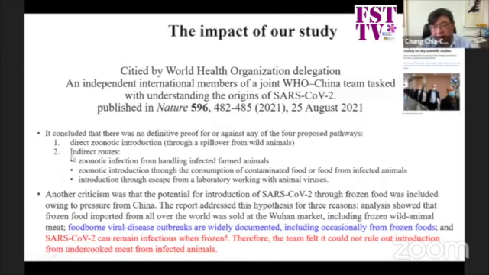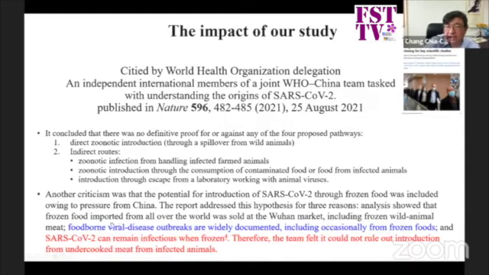They also consider three indirect routes, such as zoonotic infection from handling infected animals, but they don't have the evidence. They think the most possible one is zoonotic introduction through the consumption of contaminated food or food from the infected animal.